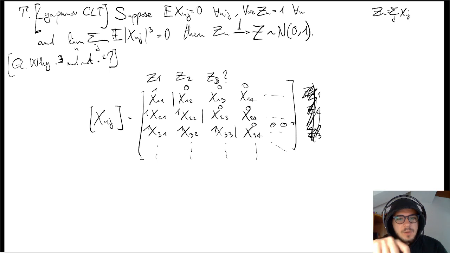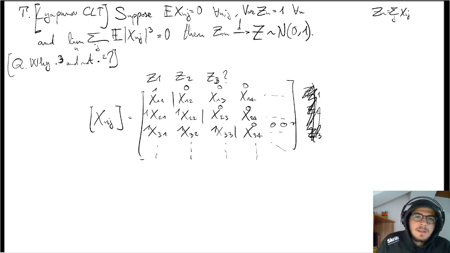I mean, I'm considering the realization. And Z_n becomes a normal 0, 1, as well as this and this.